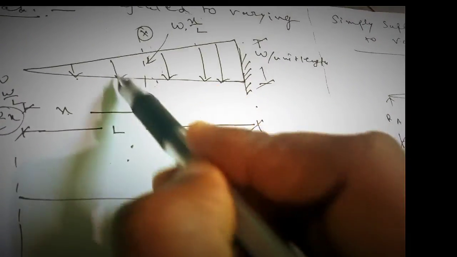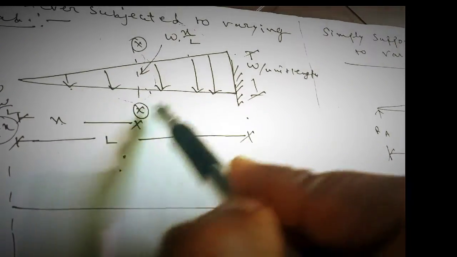Now shear force. What will be the shear force? F will be equal to half into base, you have to determine the area for it. What is the base here? X. And what is the height here? That means what is the value of load at section XX?